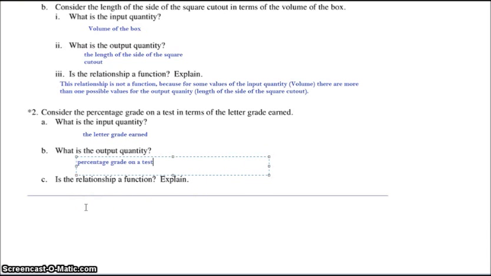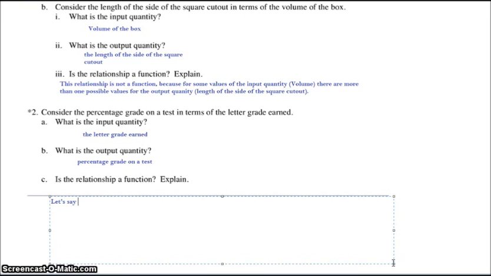Is the relationship a function? So we have to think, for any particular letter grade earned, is there exactly one percentage grade on a test that goes along with it? So say, for example, let's say that in our class, for the last test, consider test 1.